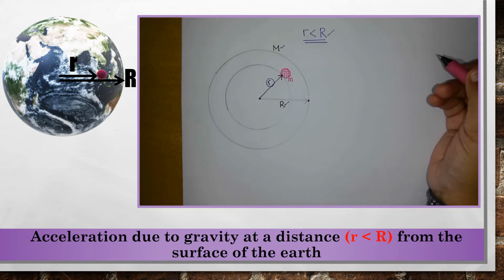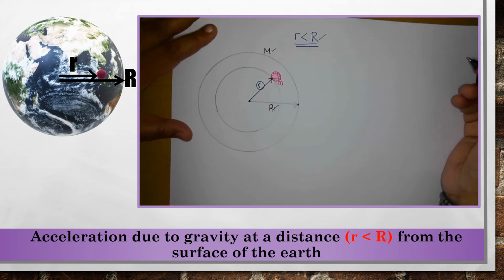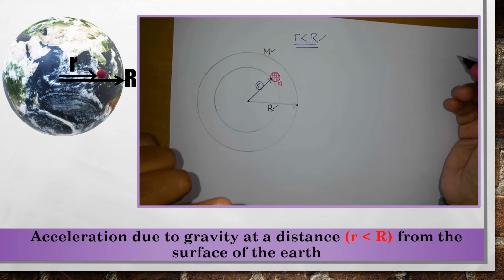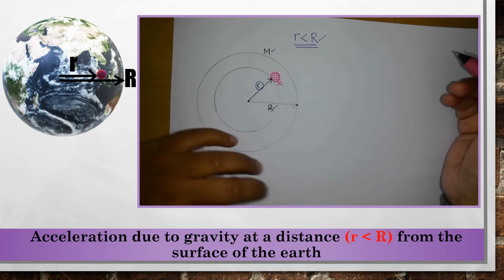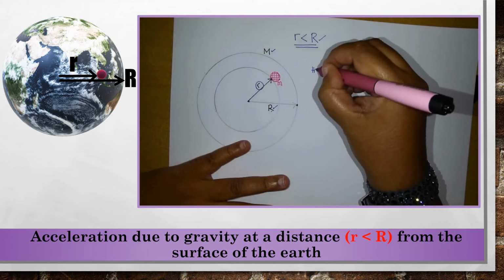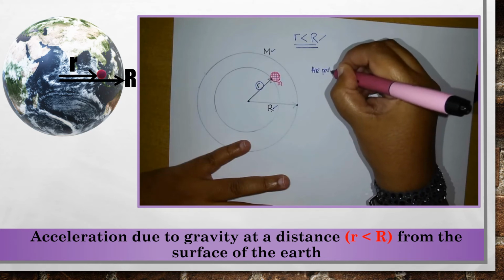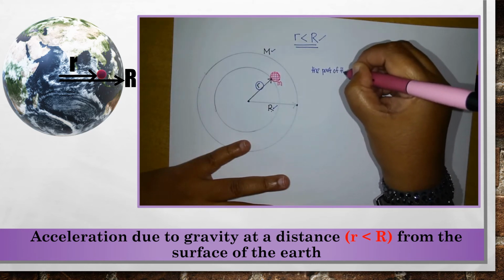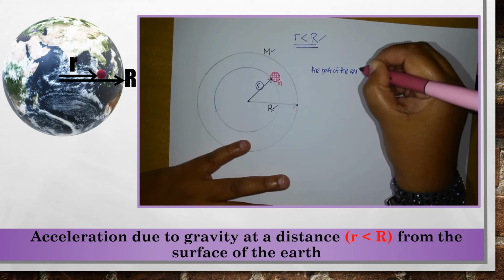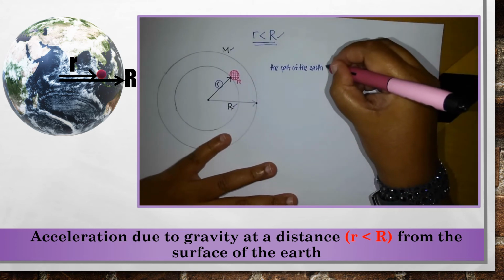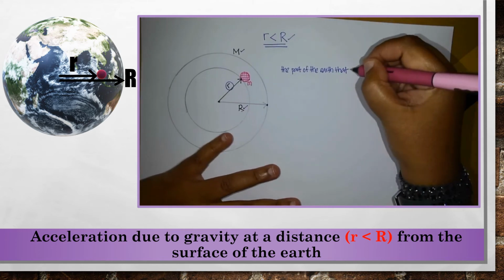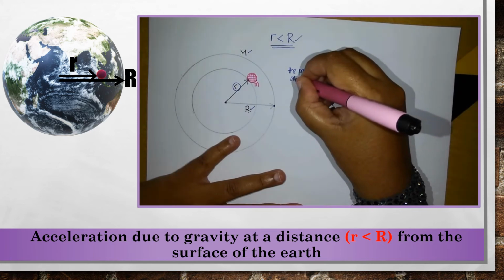So the concept is the part of the earth that attracts the mass m.